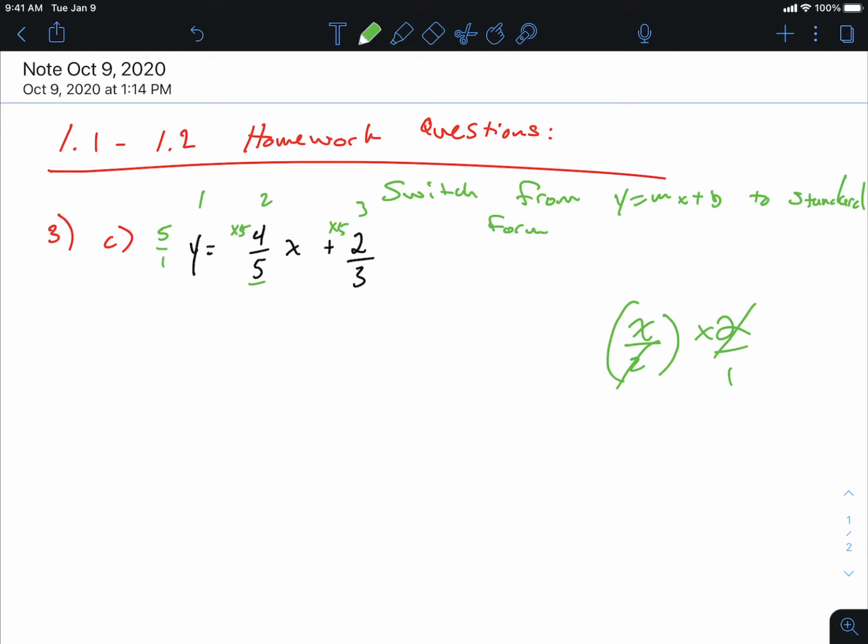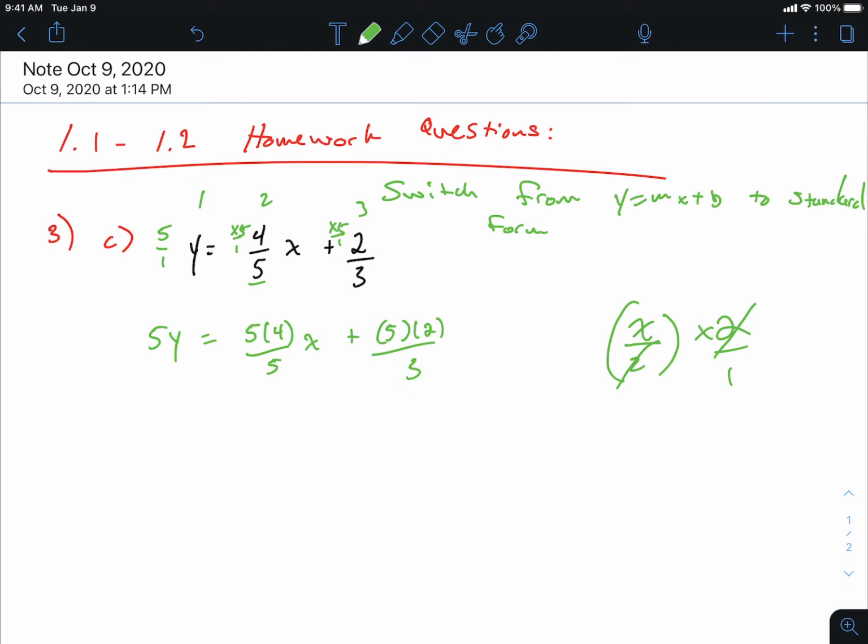And these are all over 1. They're all like little fractions, right? So I'm going to get 5y is equal to 5 times 4 over 5x plus 5 times 2 over 3.